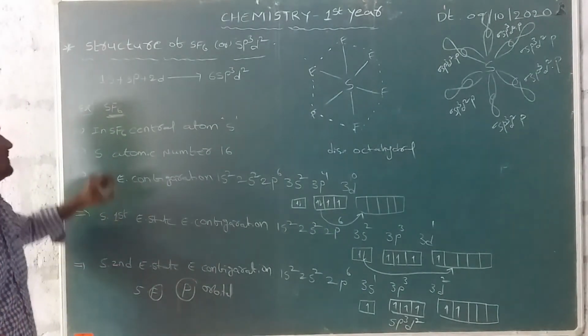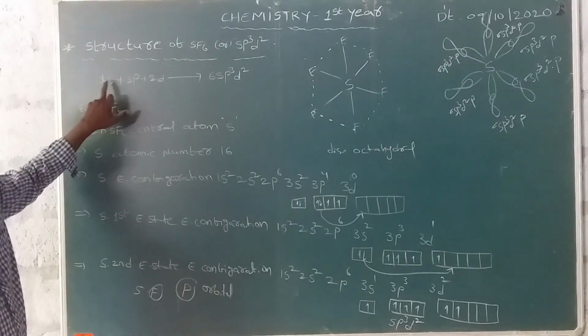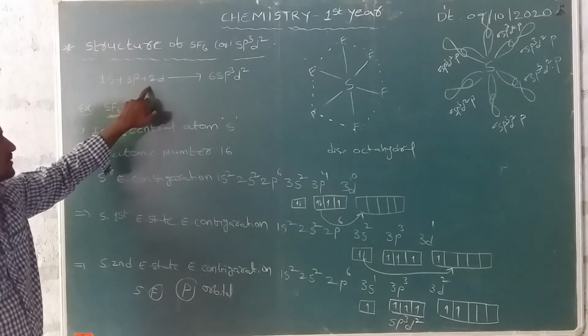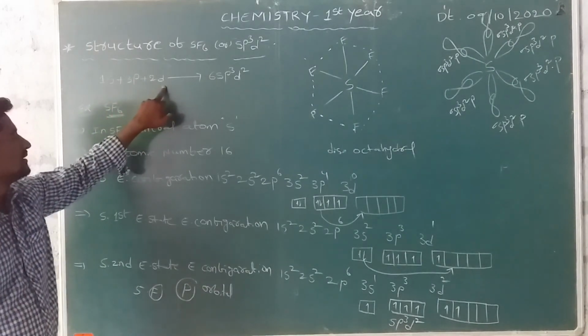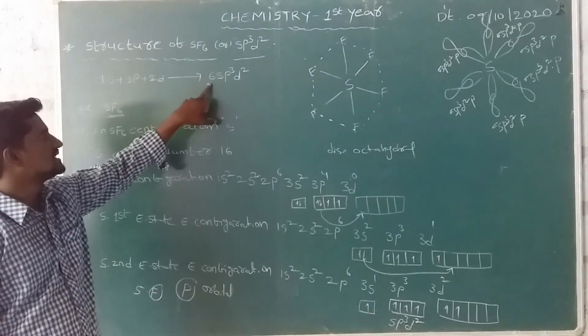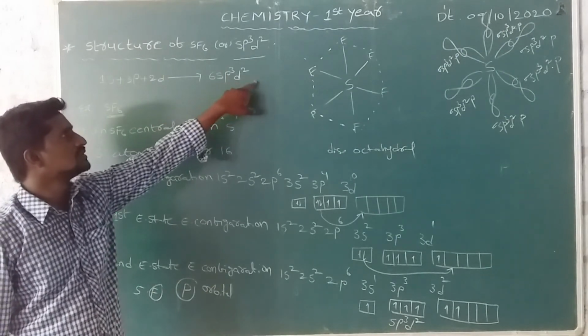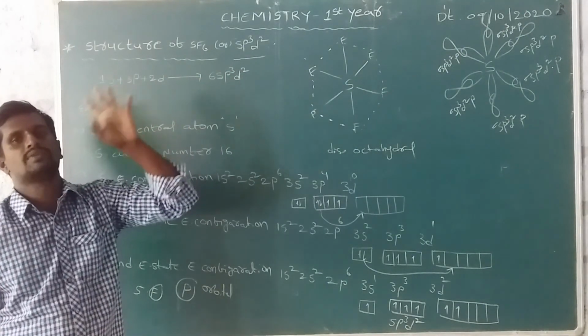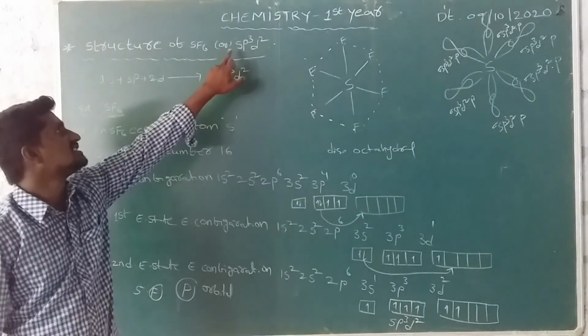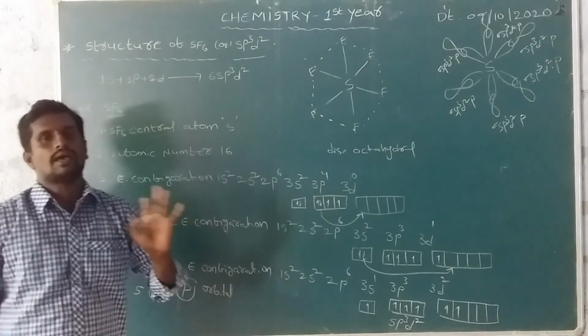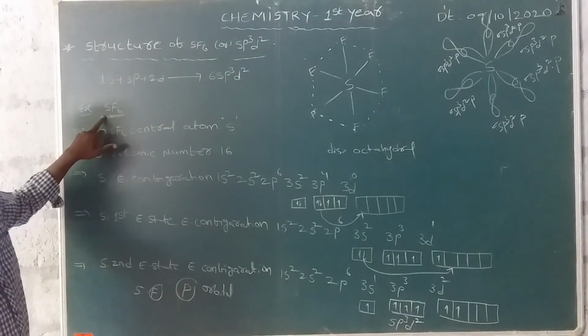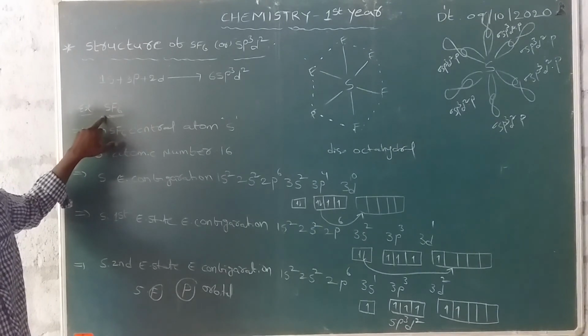Once again, listen to me. 1 s orbital, 3 p orbitals and 2 d orbitals overlap to form 6 sp3d2 hybridized orbitals. That is sp3d2 hybridization. The example is SF6.